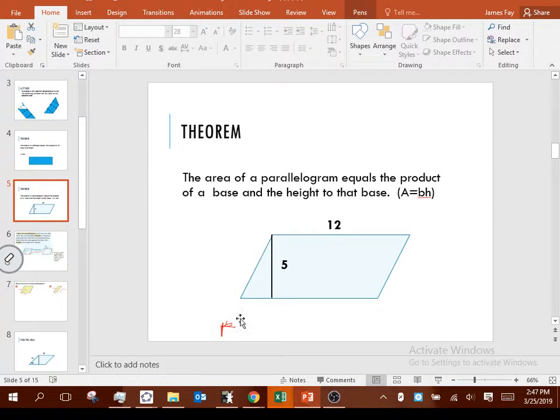But let's think about just redistributing some areas here, okay? Now we're going to do, and this is why Chapter 9 came first, some translations here. Might do some rotations, might do some reflections, that kind of stuff. But when I do a translation, a reflection, or a rotation, do distances change? No, okay?